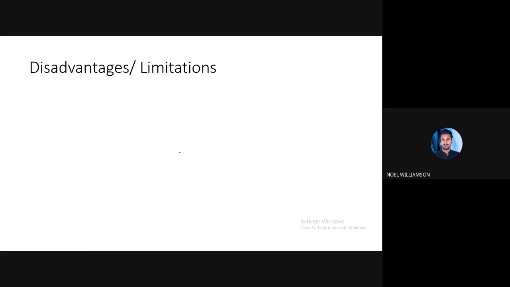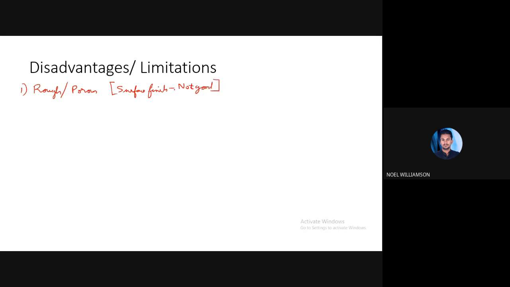First one, the parts produced, the final product produced, may have a rough or porous surface, and so the surface finish is not good.